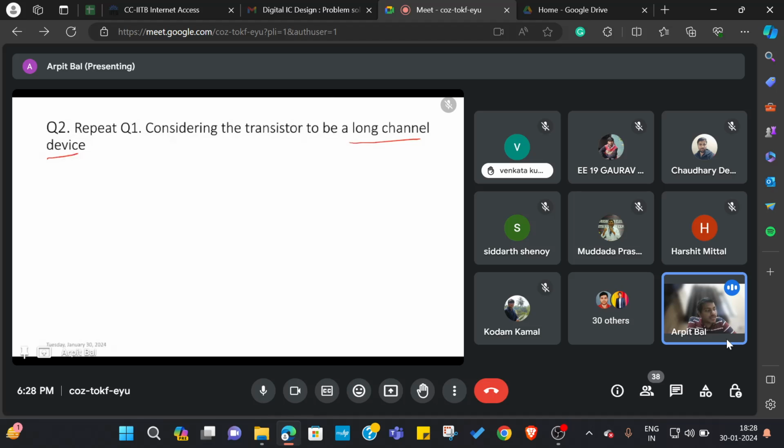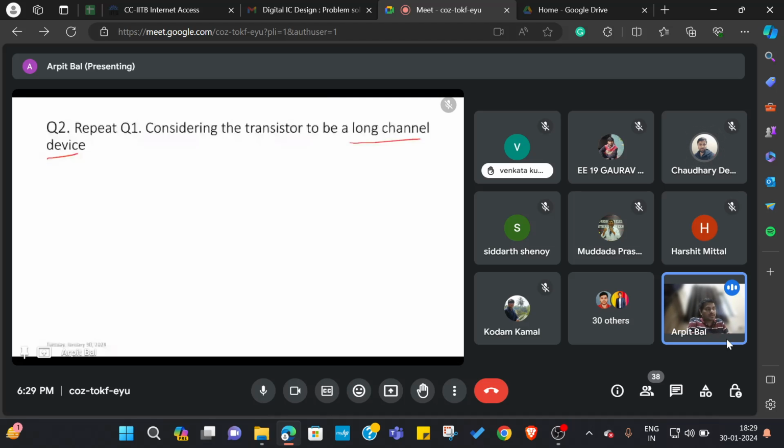But from a practical point of view, if you have an L which is very short, then you need to consider the short channel effects like channel length modulation. Is that part clear? Yes, sir.